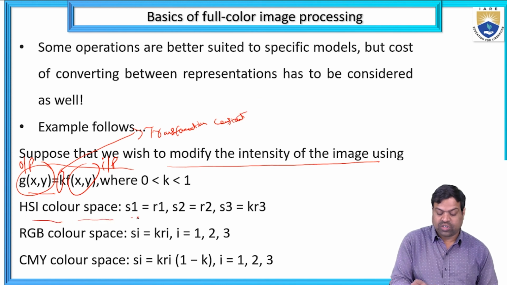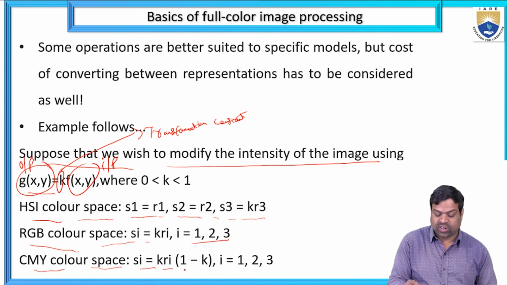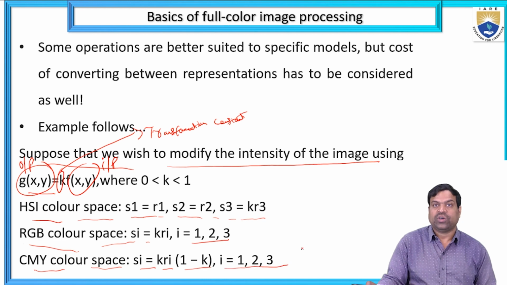In the HSI color space, s1 equal to r1, s2 equal to r2, s3 equal to k times r3. In the RGB color space, s_i equal to k times r_i, i equal to 1, 2, 3. In the CMY color space, s_i equal to k times r_i plus 1 minus k, i equal to 1, 2, 3.